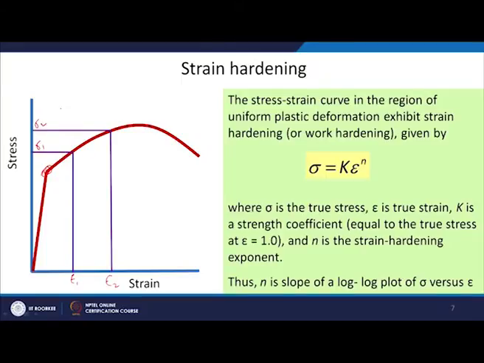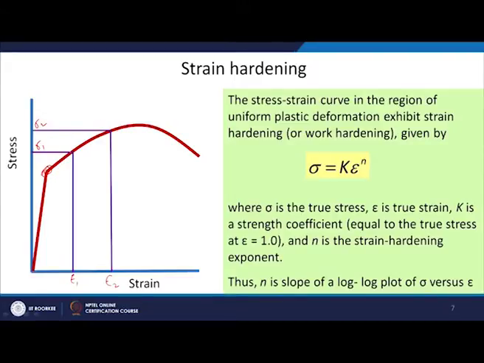So, as a function of strain, if I keep on putting strain in the material, the response of the material is becoming higher and higher. That means the resistance to deformation is becoming higher and higher. The response of the material is measured in terms of stress. So, as I am putting strain in the material, the stress is also increasing.